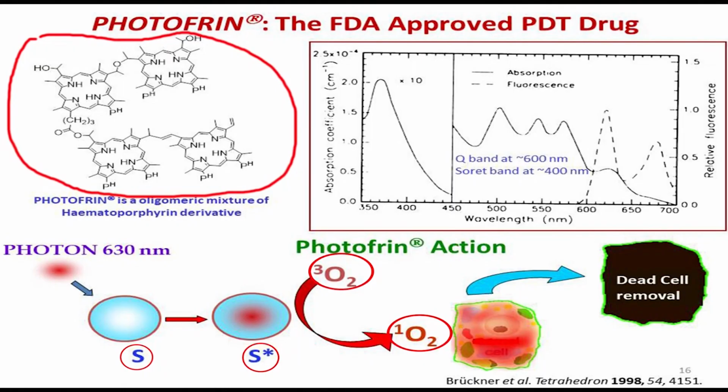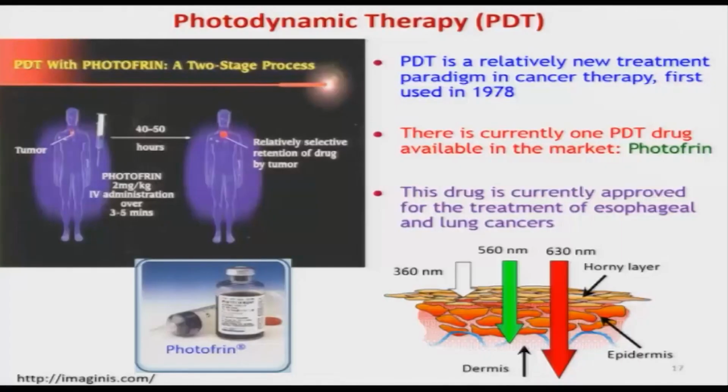Here it is photoprin, but you generate singlet oxygen, which is highly reactive and is used to kill the cancer cell. Okay. Here I will give a little bit more information about this photodynamic therapy.